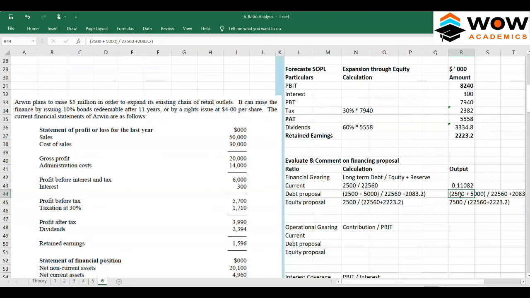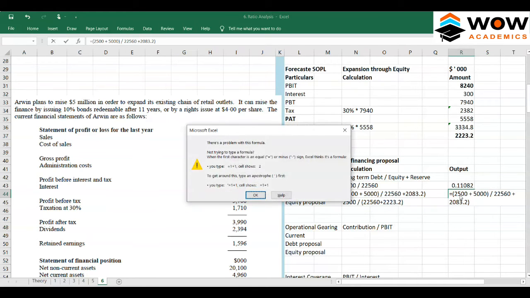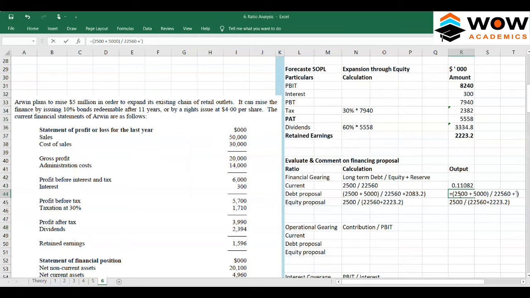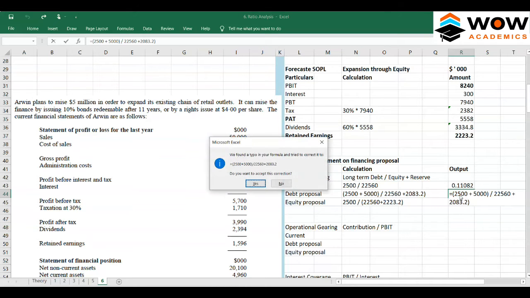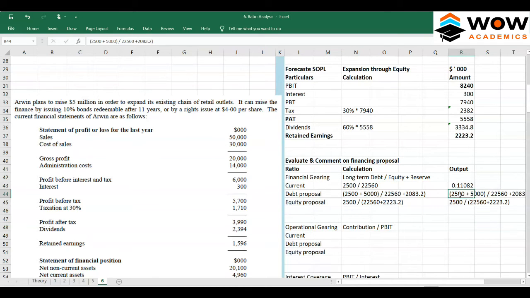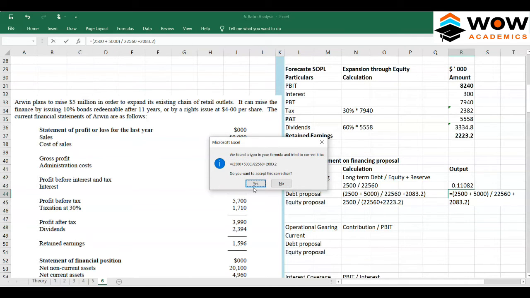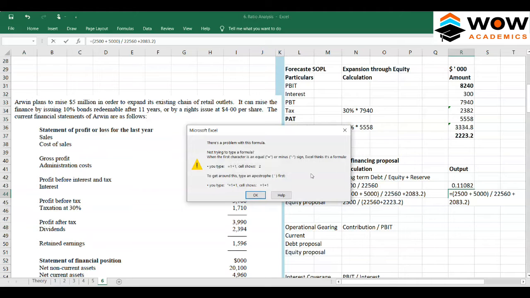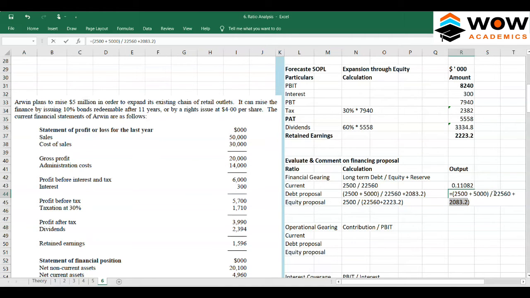So currently the ratio is at 0.1 debt. Okay, we shall have to put a bracket here.